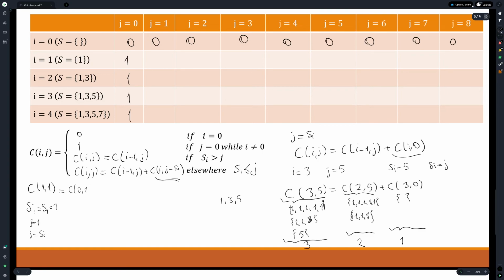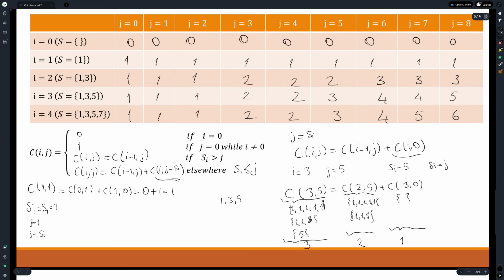C(0, 1) plus C(1, 0). C(0, 1) is 0, C(1, 0) is 1. So C(1, 1) equals 1. If you use the recursive function, the table is filled like this.